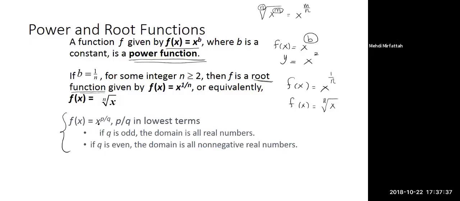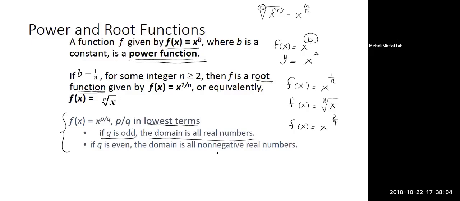If I have f of x equal to x to the power of p over q, with p over q in lowest terms, once you reduce that to its lowest term, if p, the number at the top of the fraction, is an odd number, the domain is all real numbers.